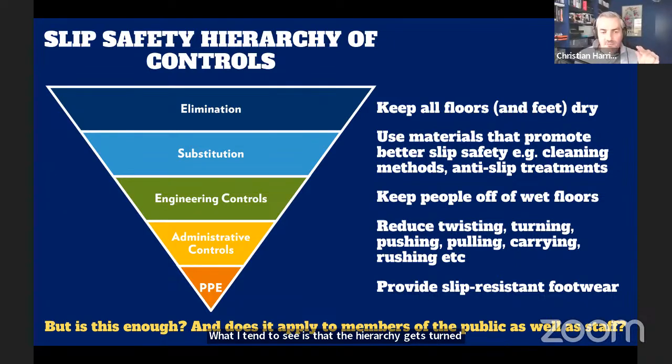People tend to start with the PPE, the slip-resistant footwear. Now, is that because they start with that, or is that because they have considered the other phases and written them off? That is an interesting question and one we can discuss. But the upshot is that we seem to be overly relying on PPE.